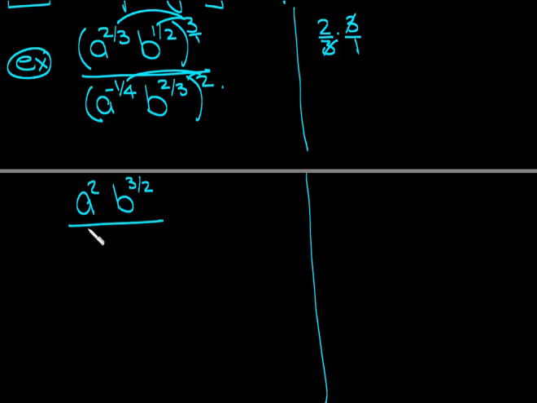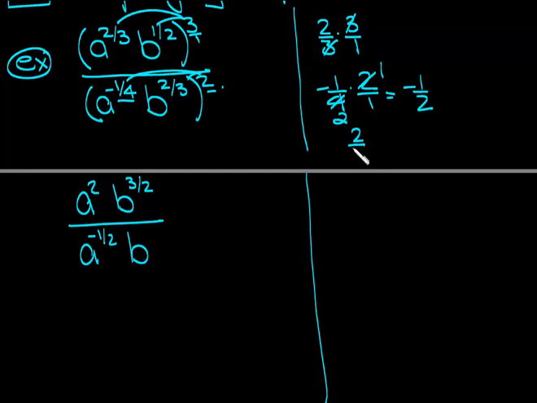In the denominator we get minus 1/4 times 2, over 1, so the 2 cancels here. So we get minus 1/2. So we get a raised to minus 1/2, and then b raised to 2/3 times 2, so we get 4/3. Okay, so that's what we end up with.